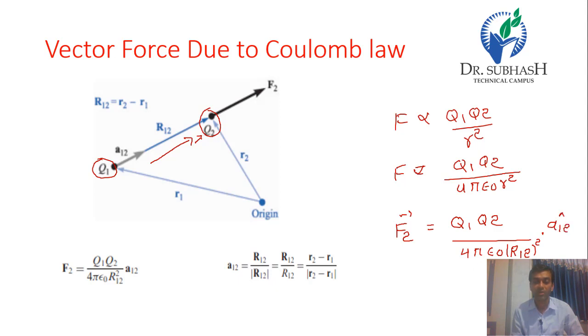Here r12 is the distance between the 2 point charges and a12 represents the direction of the force, from charge 1 to charge 2.